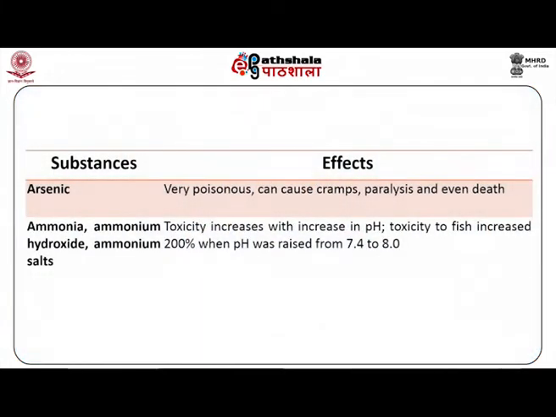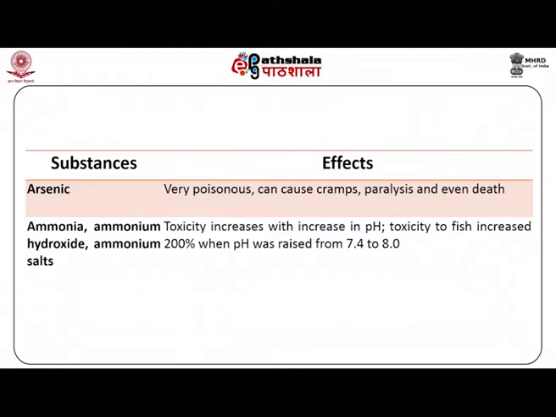The toxic effects of some pollutants are summarized in the table. Now this table shows the toxic effects of some inorganic pollutants. The table is self-explanatory and obviously, as the term suggests, most of these pollutants have adverse effects. They are poisonous.